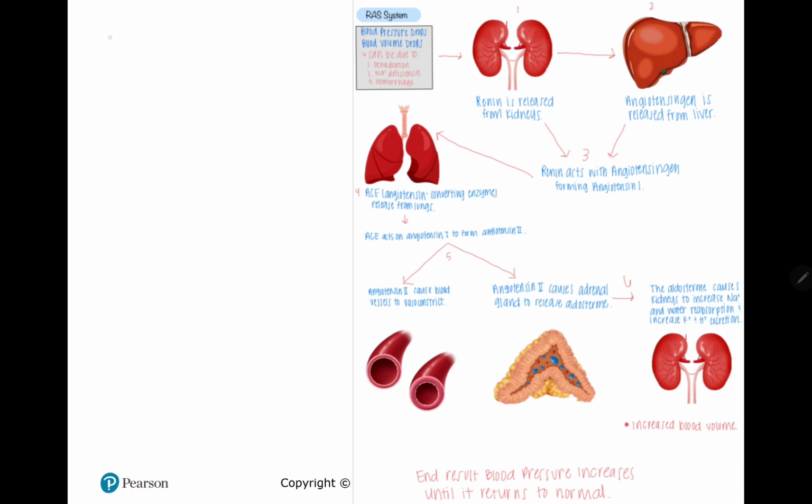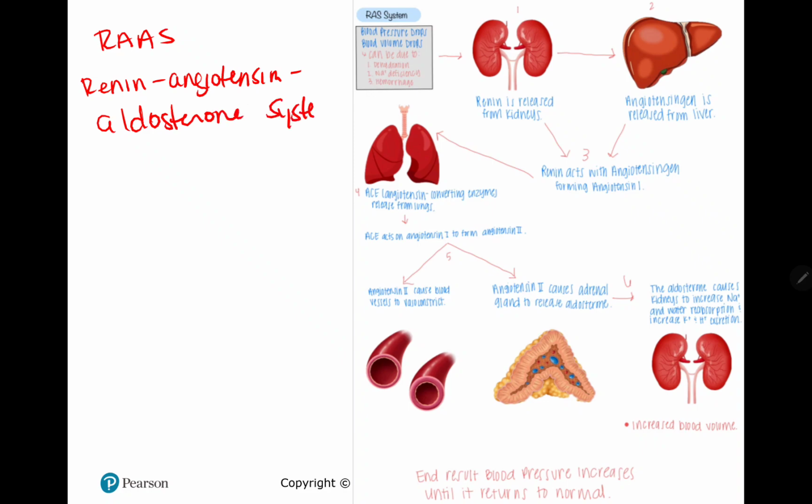Now the RAS system I give you here, sometimes you'll see it as RAS, and other times you'll see it as RAAS. So it's going to stand for renin, angiotensin, aldosterone system.